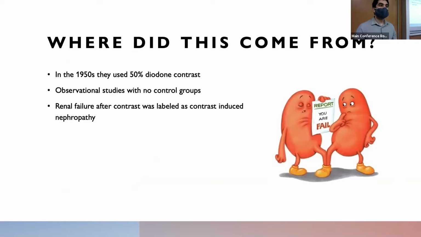The other thing is they saw during that time that some patients after receiving contrast dye became anuric and developed renal failure. So they started performing some observational studies, but they didn't have adequate control groups at that time. And as we know, observational studies can only establish association, but not causation.